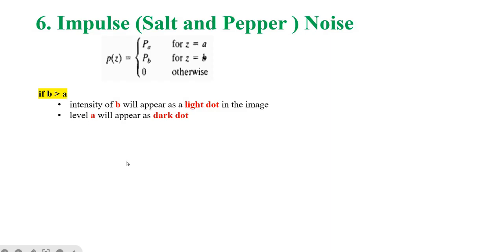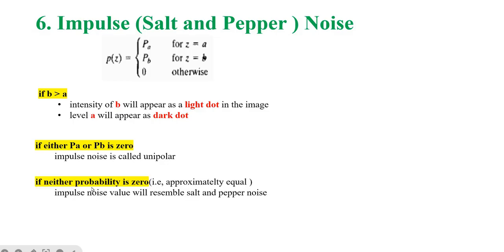If either Pa or Pb is 0, then the impulse noise is called unipolar. And if neither probability is 0, that is if they are approximately equal, then the impulse noise will resemble salt and pepper granules randomly distributed over the image.